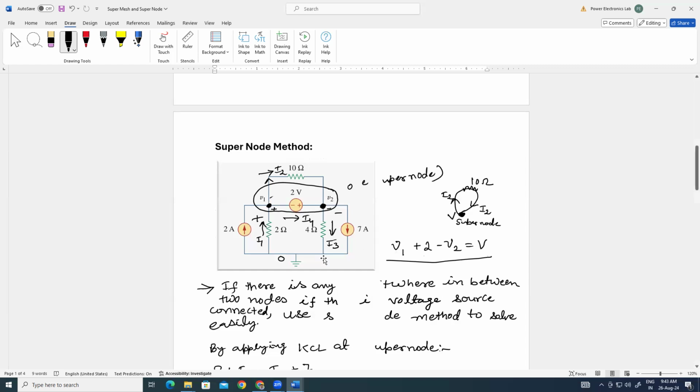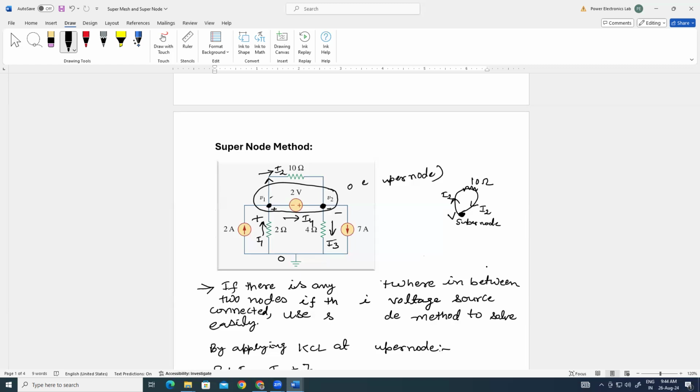So please think how we can calculate the value of V1 and V2 separately. Sir, the 0 minus V1 upon 2 equation. Yes, 0 minus V1 upon 2 is the value of I1, but we don't know the value of V1 right now. V1 is also unknown.